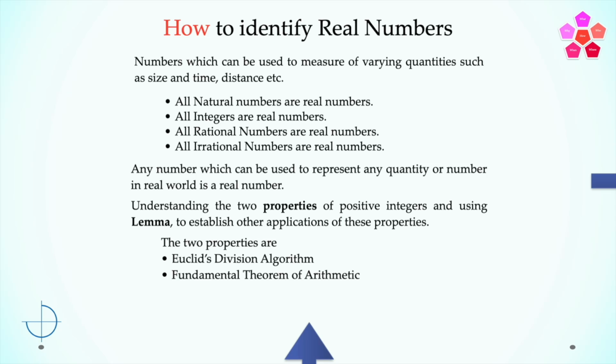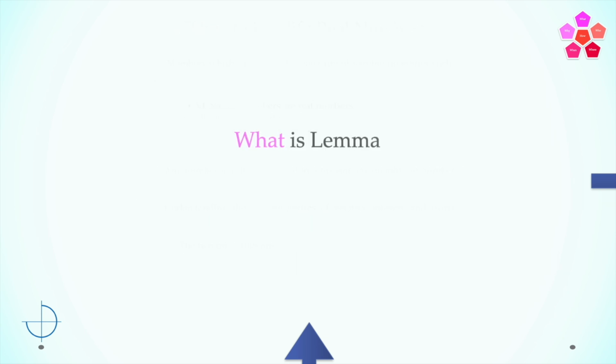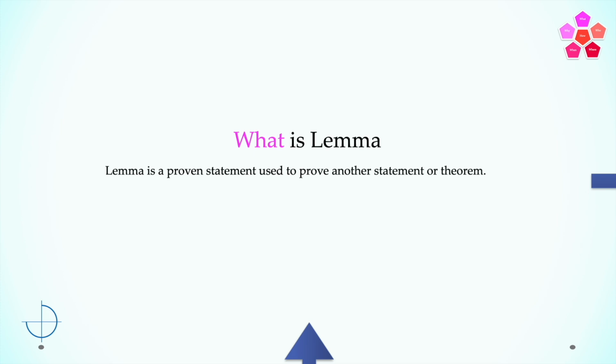But before we venture into these, a very basic question that comes to mind is, what is a lemma? A lemma is a proven statement used to prove another statement or theorem. So it's like you want to prove something and you already know something, so you are using what you already know to prove the next statement.